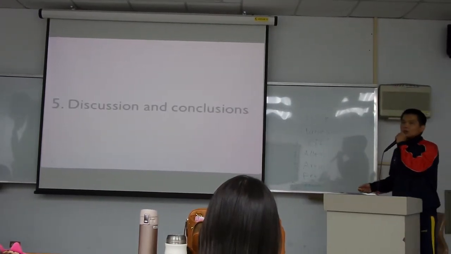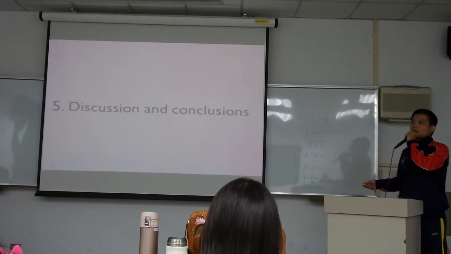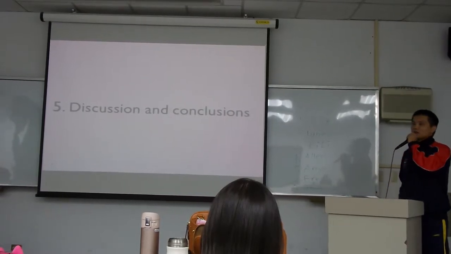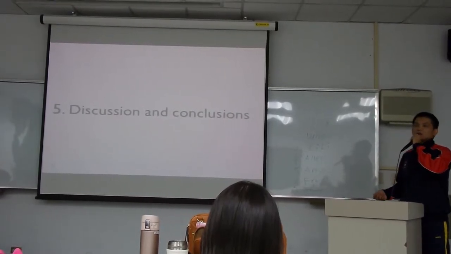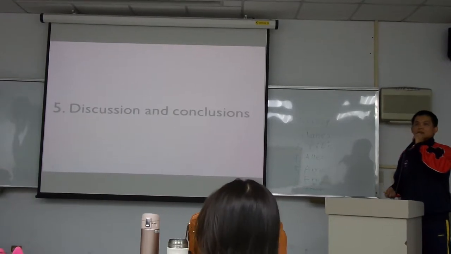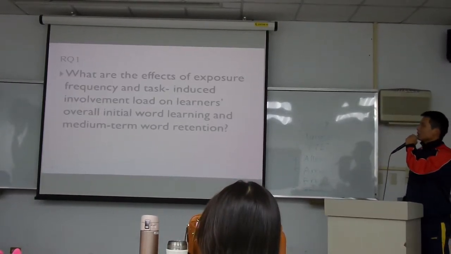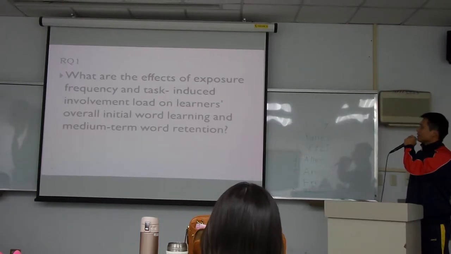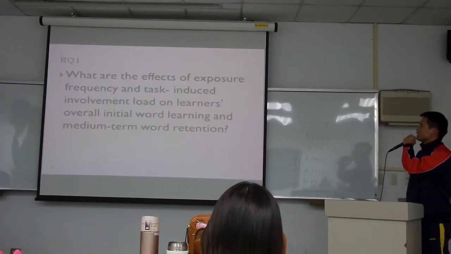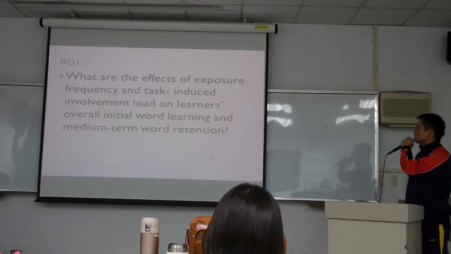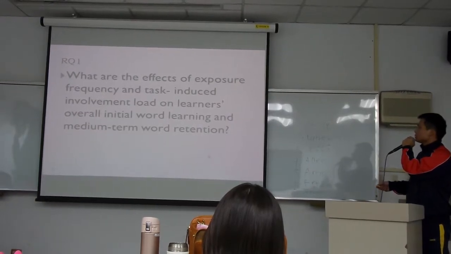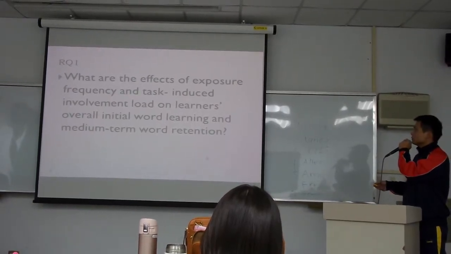Okay, I want to put the results, discussion, and conclusion together because I will use a lot of figures to let you understand it clearly. About question 1: what are the effects of exposure frequency and task-induced involvement load on learners' overall initial word learning and medium-term word retention?